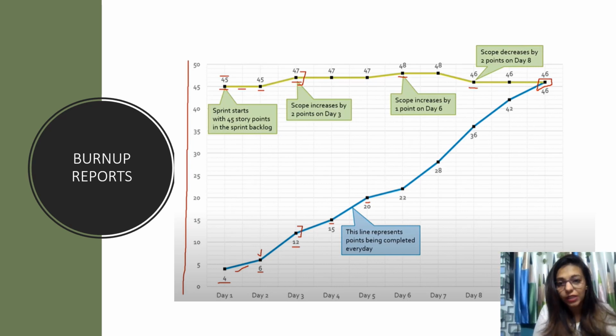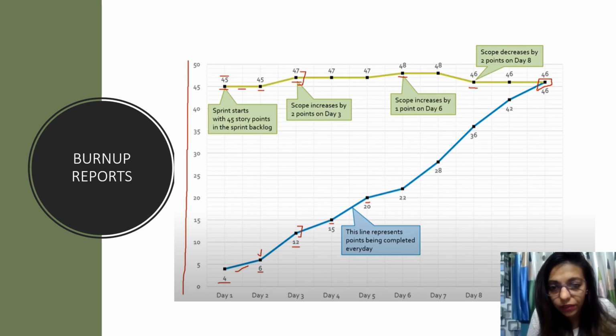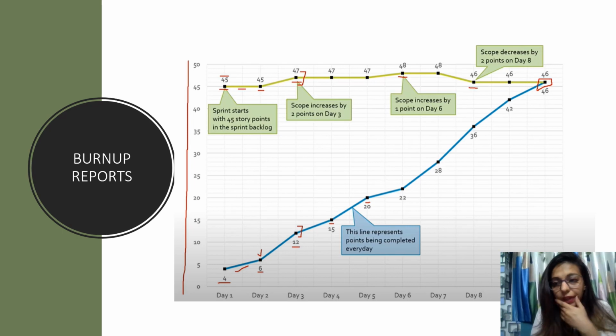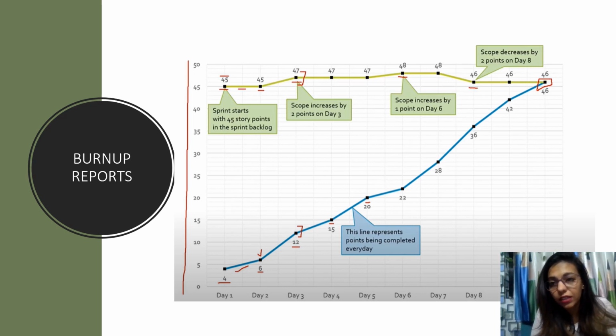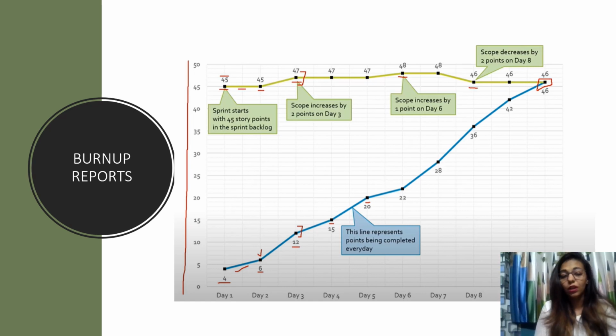So 47, we have completed 12, then 25, then 20, 22, right? Here we can see, oh yes, again at day 7 it is increased by some more 2 points. Then again there is a decrease to 46, and at the closure we have a total of 46 story points.